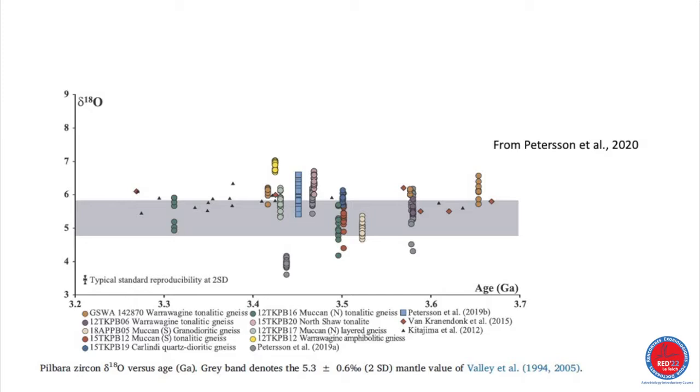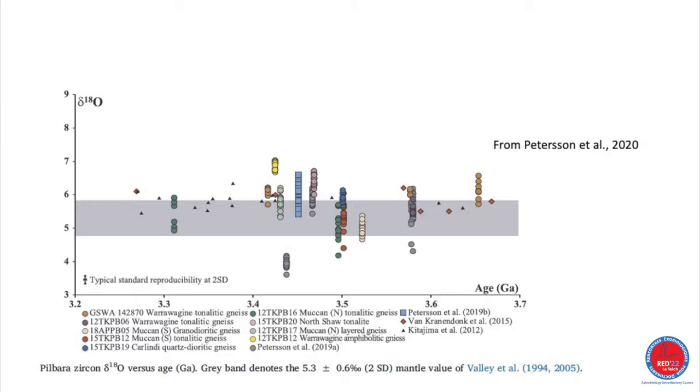From the rocks, they separated zircons, and first they measured the oxygen isotope signature. If you look at the values, their opinion was that more or less the value keeps a mantle-like signature. So the conclusion was that the parental magma was derived from the mantle.